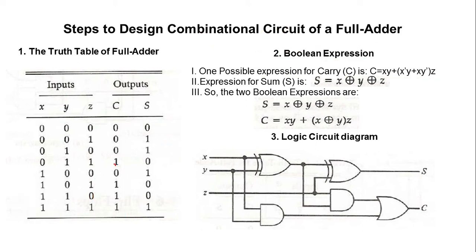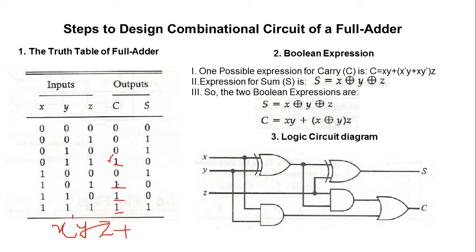If you look at the carry where I am getting 1, 1 means there is a possibility that carry will be generated, right? So in that case, what were the values of x, y and z? When this 1 was generated, the carry was x complement y and z. If some input is representing 0, it means it is in complemented form, because by default we take x, y or z as 1, right?